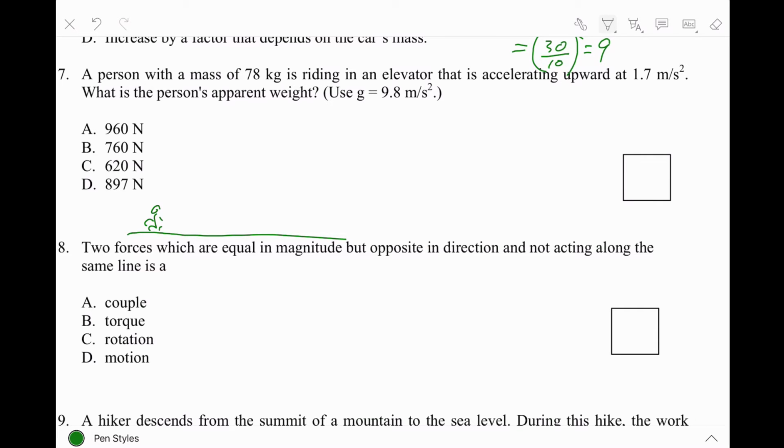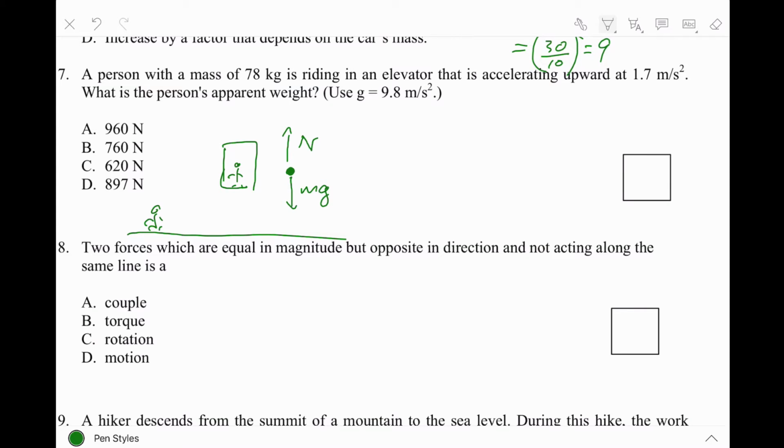If your friend is in the lift, look at the free body diagram. He is subject to 2 different forces. The first force is mg. The second force is the normal reaction, the reaction from the floor to you.